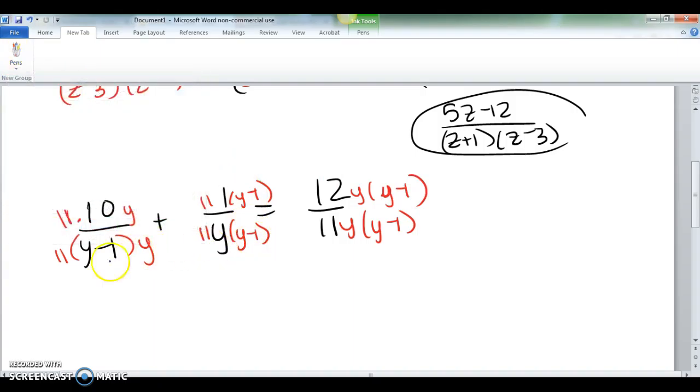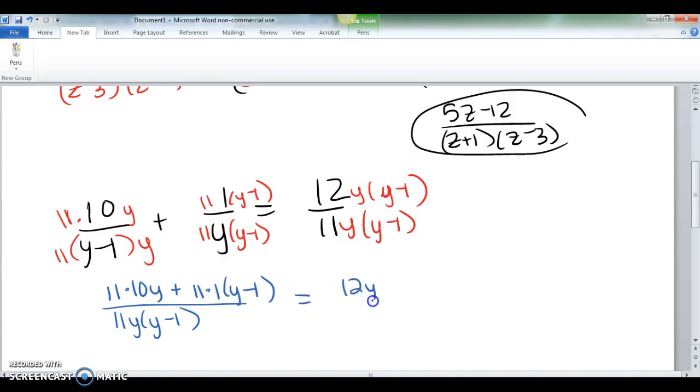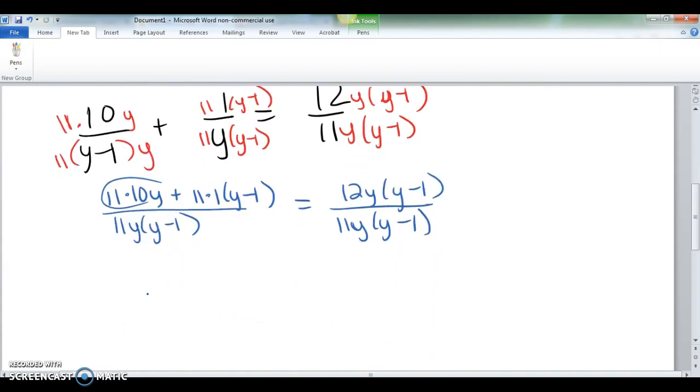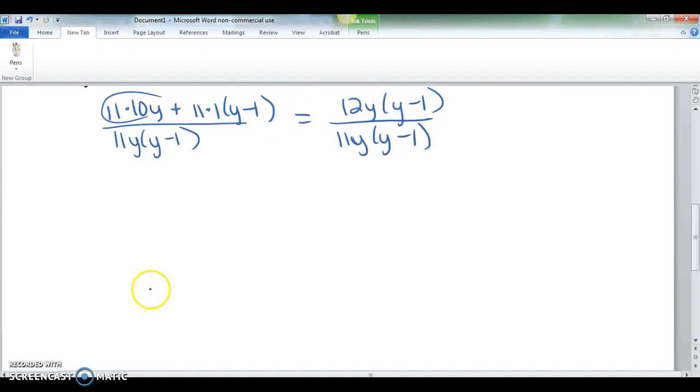Okay, since the denominators are the same, we can add. So here's our same denominator, and then we have our numerators. 11 times 10y plus 11 times 1 times y minus 1 equals 12y(y minus 1) over 11y(y minus 1). Okay, so 11 times 10y gives us 110y, plus 11 times y minus 1.